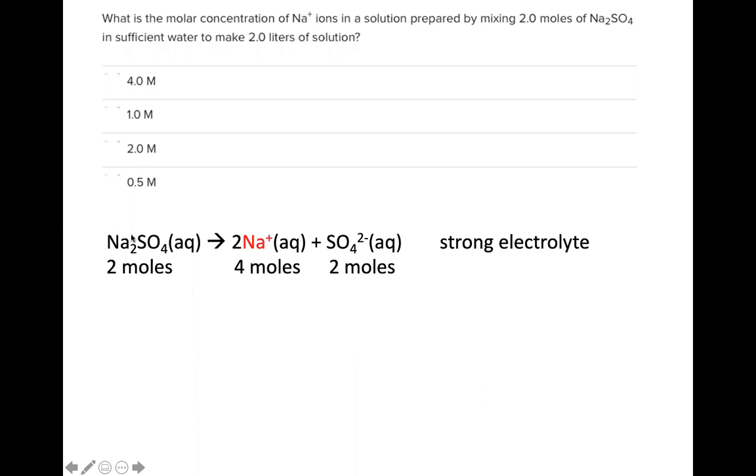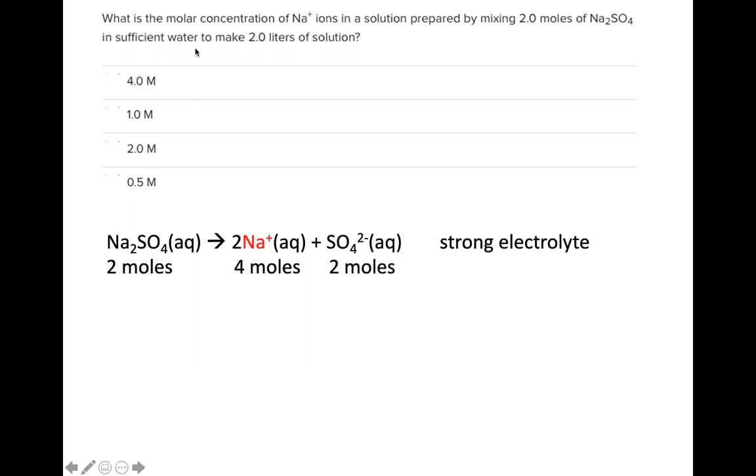I'm looking at the coefficients. 2 moles of sodium sulfate, when it dissociates, gives me 4 moles of the sodium ions and 2 moles of the sulfate ions. So I'm going to do that bookkeeping first. I'm going to account for the fact that it's a strong electrolyte, and consider how many moles I have of the different ions.